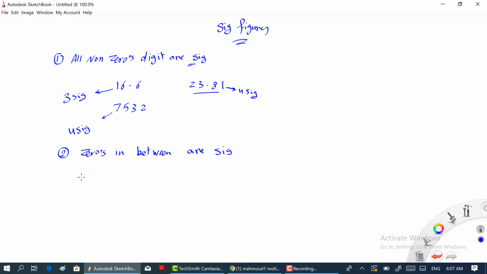Examples: 1.0005 and 70041. According to this, we have 1, 2, 3, 4, 5 significant figures, and for this one also 1, 2, 3, 4, 5, so 5 significant figures.